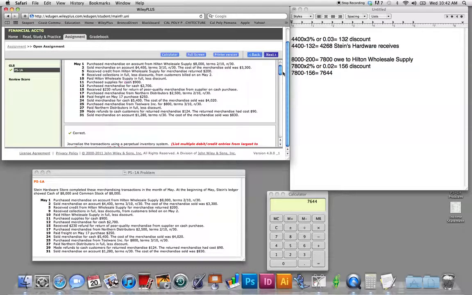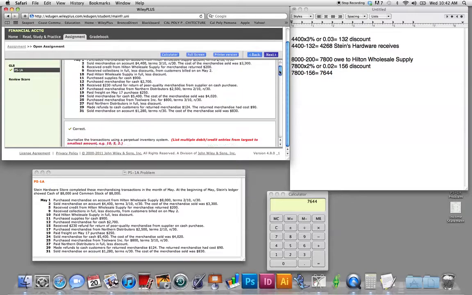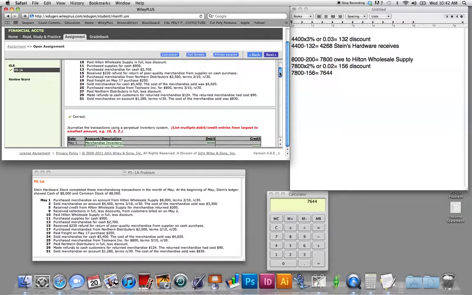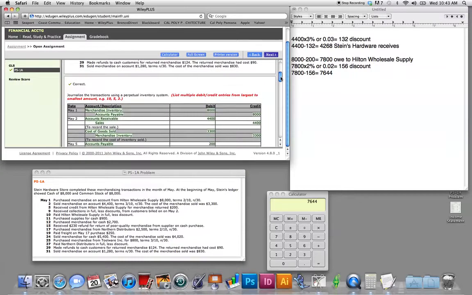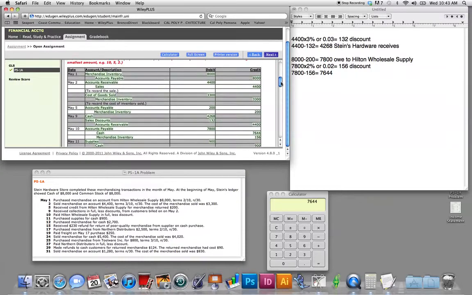So our supplies inventory would increase, and that would be the account that would be debited by the $900 that we're purchasing. So our supplies would be debited and our cash would be credited because we're paying this $900. So that transaction and entry is going to be down here.